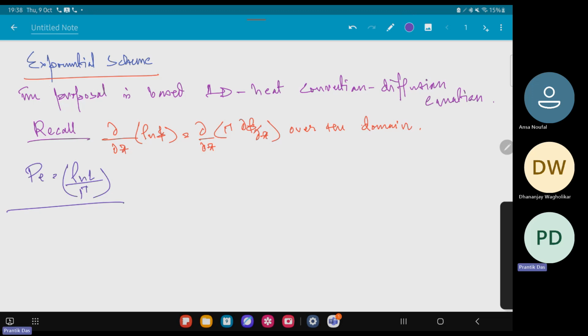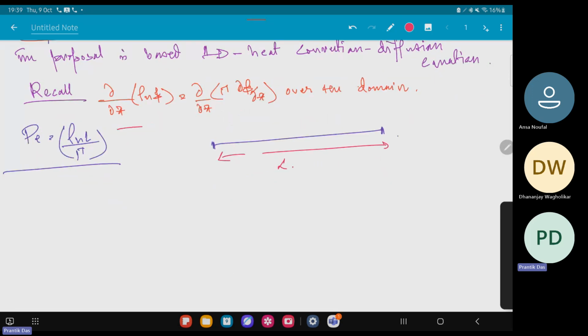It's a convection diffusion equation, and the convection of the fluid goes from one point to another point, which is also followed by diffusion. And u is the velocity, L is the length of the domain, and gamma is the diffusion coefficient.